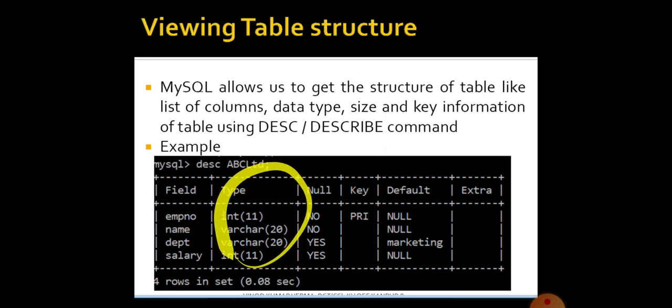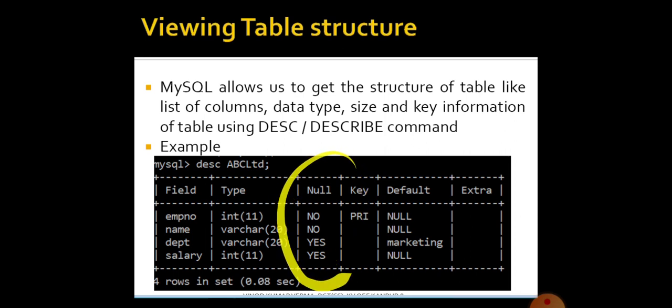The type indicates the data type of each column. Null indicates whether the column can have null values or not. The key indicates primary key, alternate key, like that; key normally indicates primary key. Then default indicates whether a column has a default value or not. We can give many other constraints for a particular column.